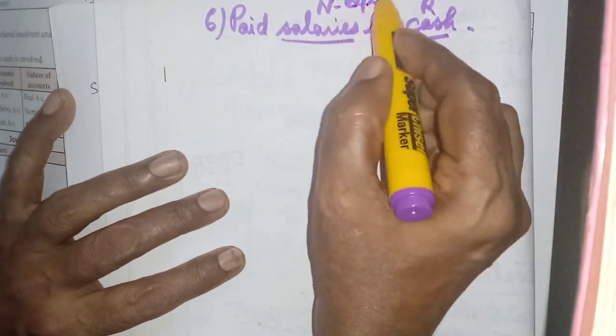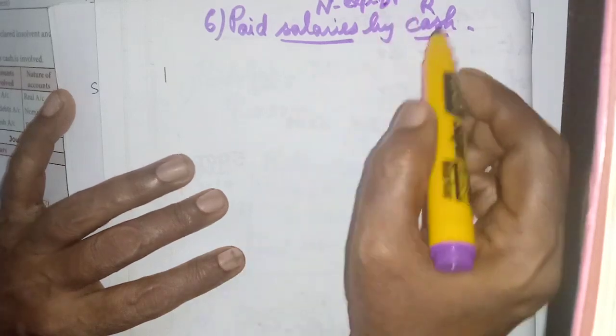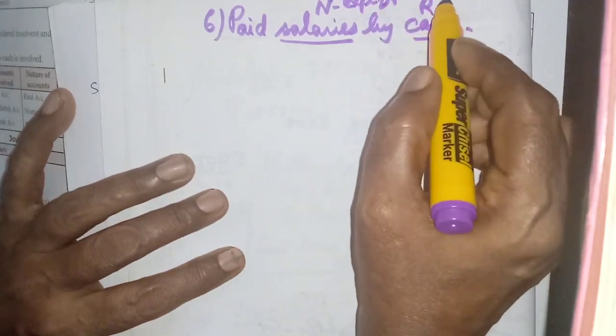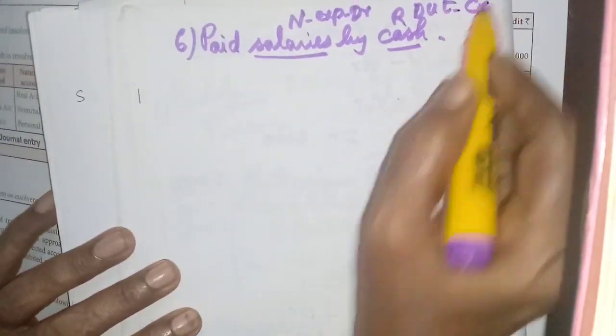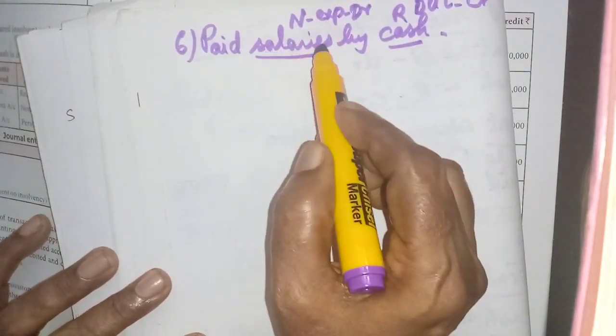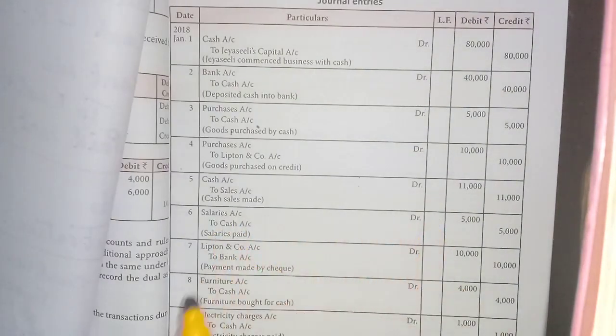It is an expense, so we should debit. Here, debit what comes in, no, cash goes out, isn't it? So we should credit. Cash is going out, we have to credit. So what is the entry? Salaries account debtor to cash account.